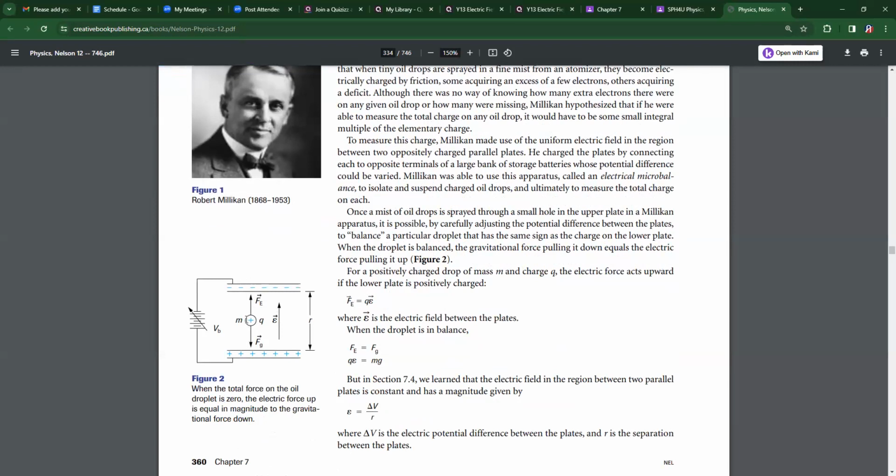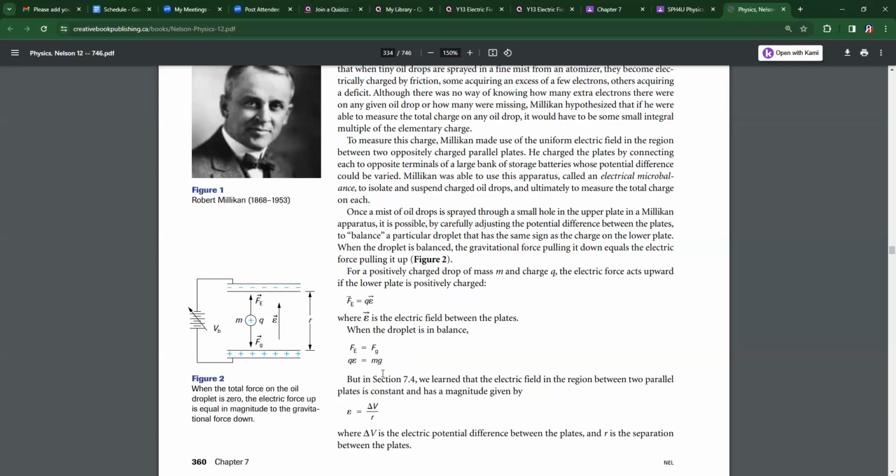He was trying to balance the force of gravity and the electrical force to see how it would affect the motion of the particle. The electrical force is proportional to charge and electric field strength, and the force of gravity that acts on this particle downward is mg. So the electrical force is equal to the force of gravity.